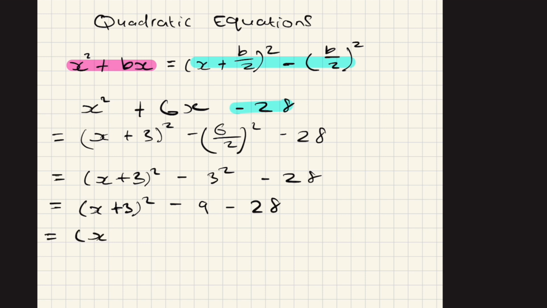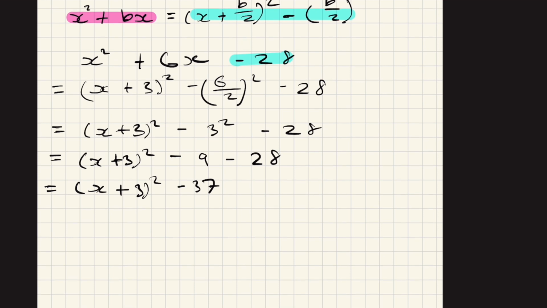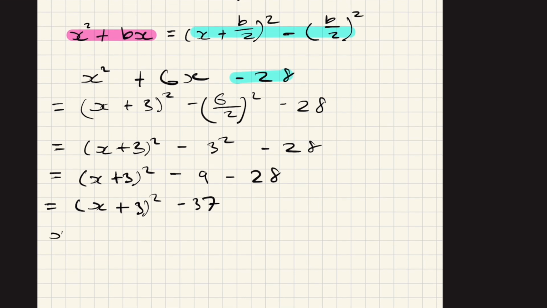Then x plus 3 all squared minus 9 minus 28 gives us minus 37. So x squared plus 6x minus 28 in its completed square form is x plus 3 all squared minus 37.